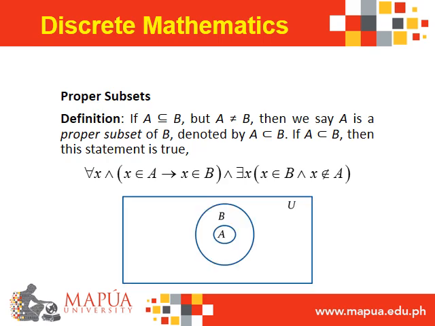In this particular case, the elements of your given subset are not equivalent to the elements of your given set. Hence, if every element coming from set A is an element of set B, however, A does not contain all the elements of B, then it's referred to as a proper subset.